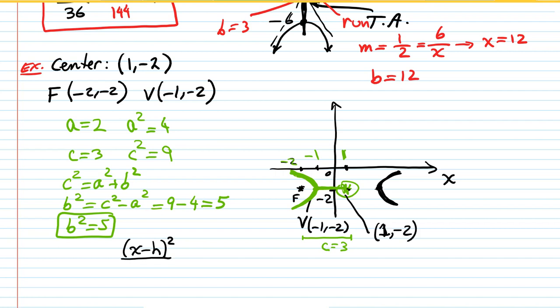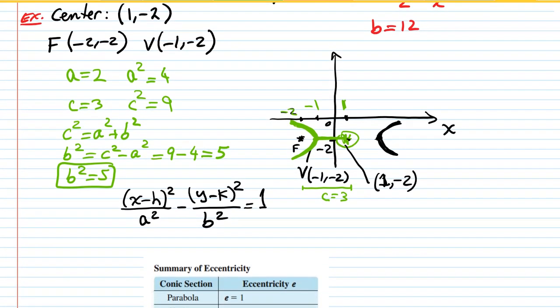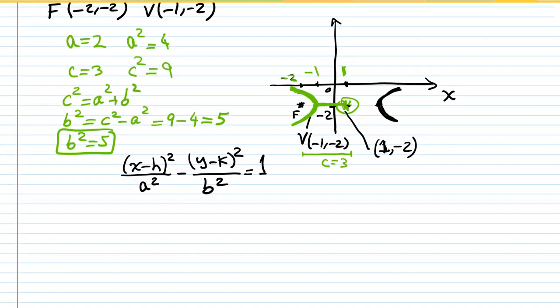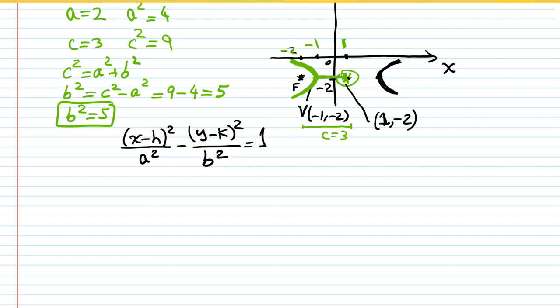Okay, so it's (x minus h) squared over a squared, minus (y minus k) squared over b squared, is equal to 1. All right, and we can now actually write the full equation here.